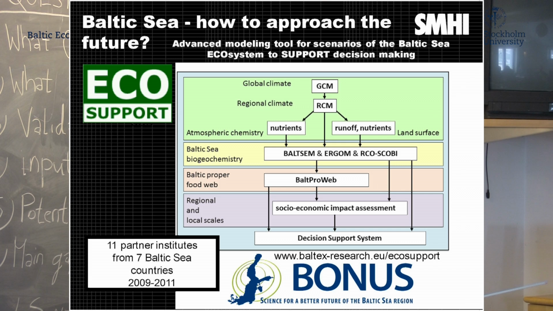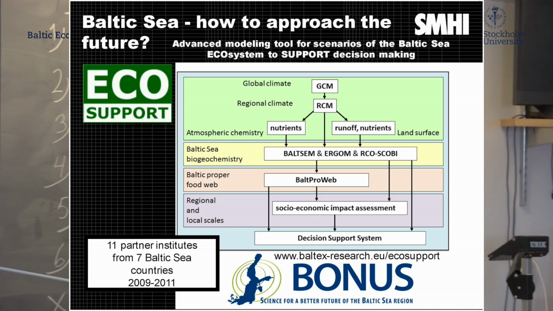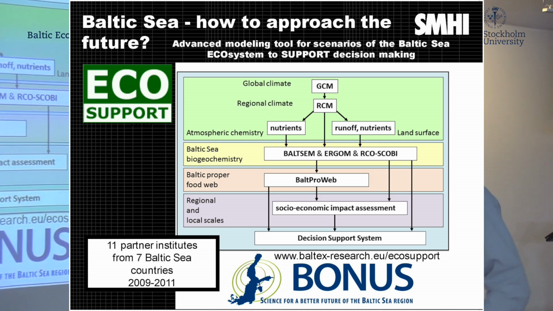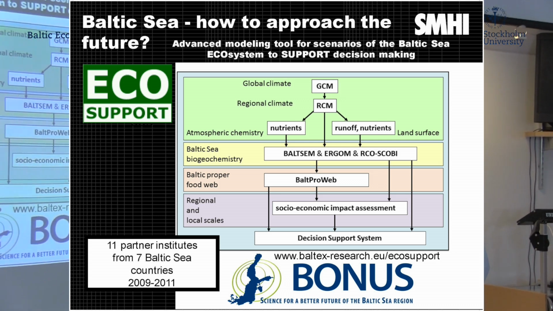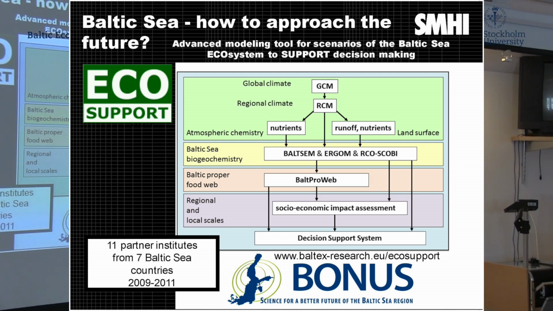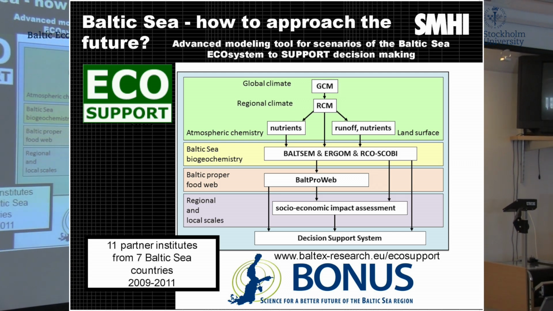So what we have done here is that in the center we have Baltic Sea biogeochemical models, coupled physical biogeochemical models. And to address the uncertainty, we have not used one, but we have used three. This is the one from SMHI, RCO-SCOBI.